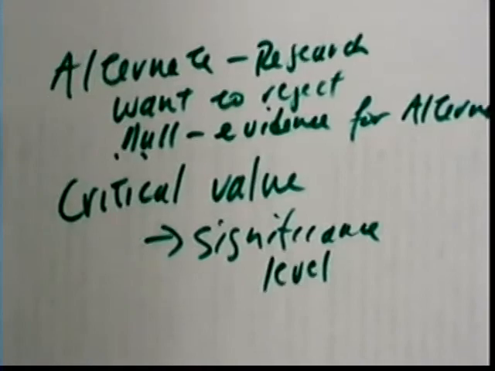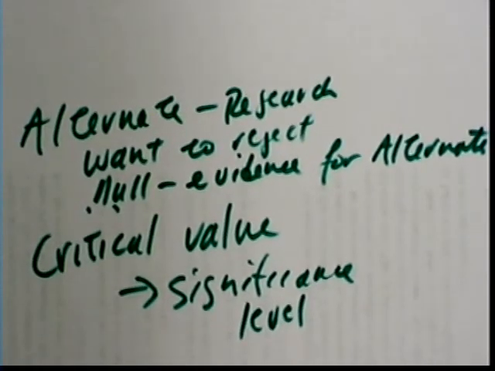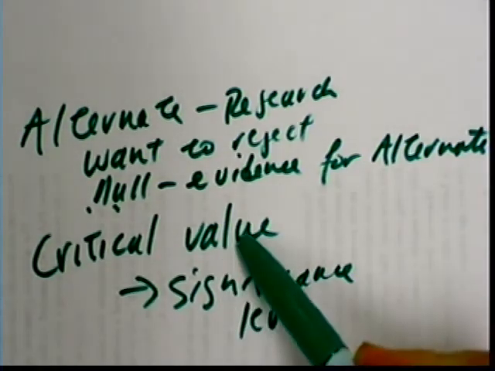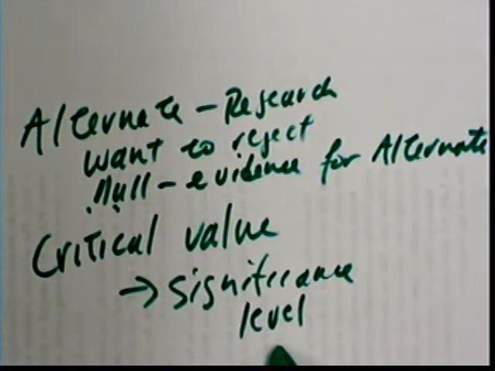Now, I did pick up a couple of mistakes that I made, or not mistakes in one case, but in one case it was a mistake. And so let me go ahead and correct that right quick. The mistake was the second one, that the critical value, I say critical value, that should be the significance level. You go through and you specify your significance level as the 0.05 or whatever.